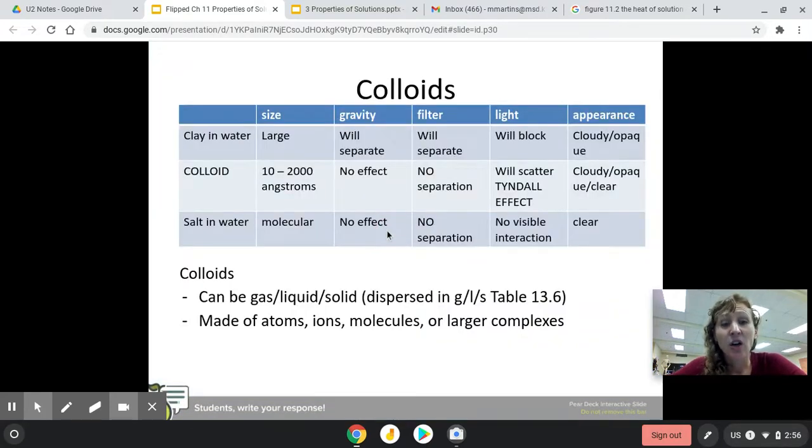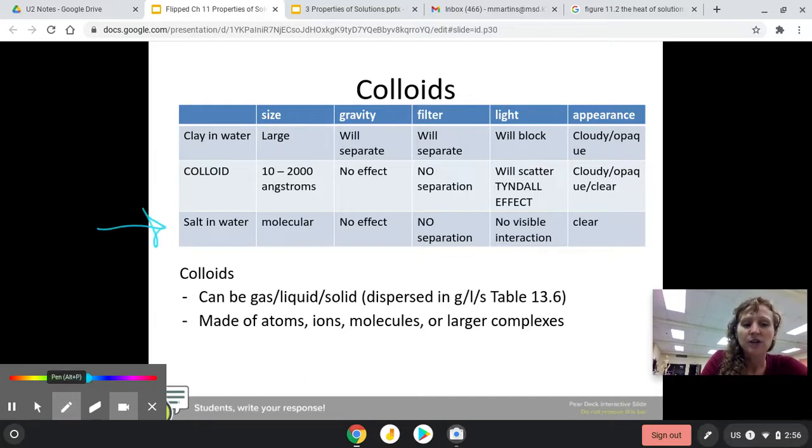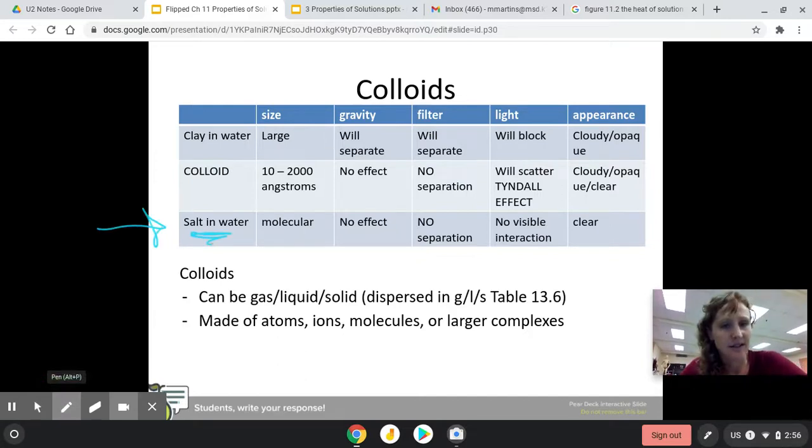Colloids. So this is our last discussion point for solutions. When you're looking at solutions, so far we've really talked about solutions that contain ions, and that would be this last column here at the bottom. So salt in water, any salt in water would fall under this category.